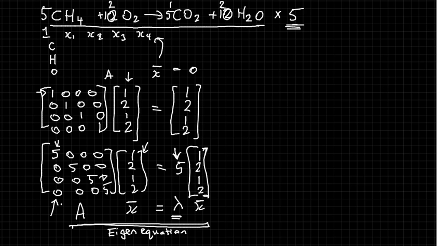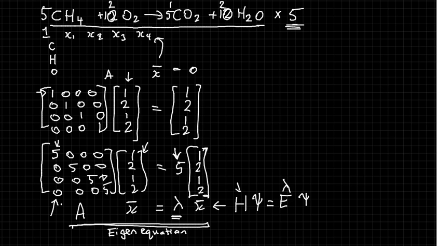But this is fundamental, because when we come to solving the Schrödinger equation for molecules, what we'll find is that we often have a matrix of functions, and we'll times that by what's called our wave function, and that will give us the energy, which is just a number, our lambda, times the wave function again.